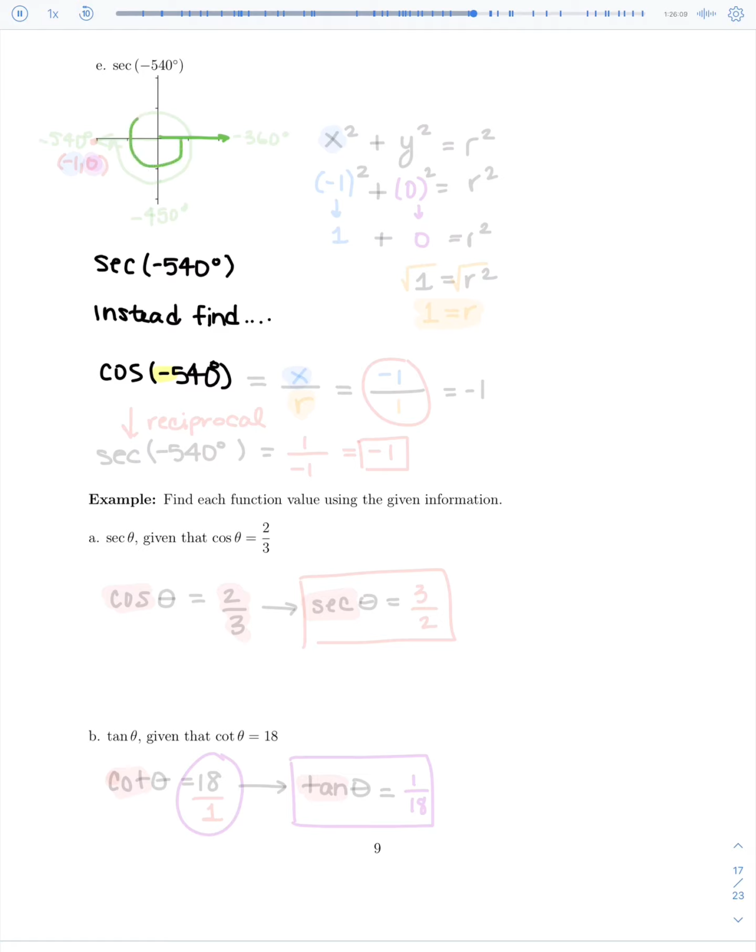So if we go one full revolution, we end up at 360. We actually want to end at 540. So the question is, where is 540? Well, let's see. We're at 360 right now. Adding another 90 would land us at 450 degrees.